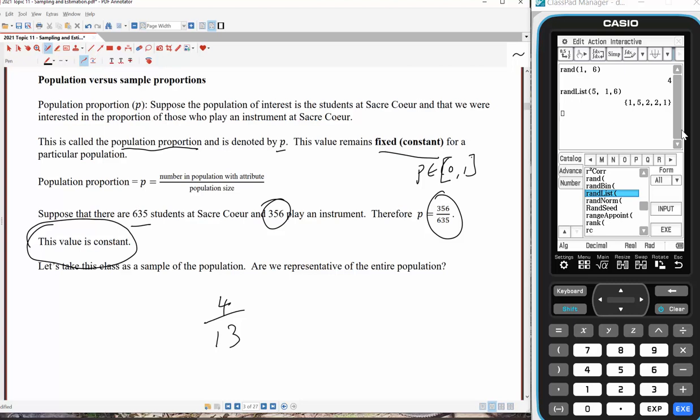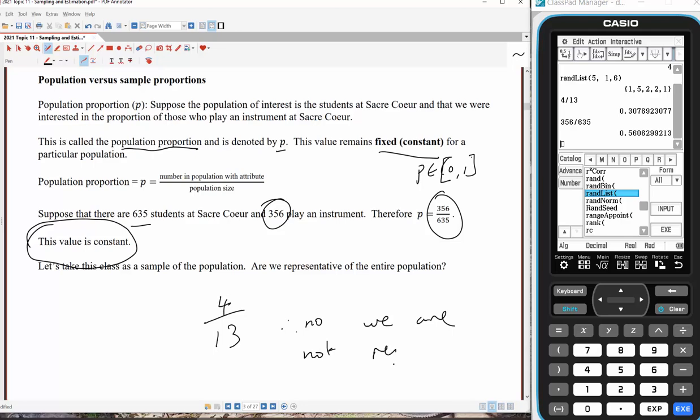Let's compare on our calculator. 4 out of 13 is about 0.31, and 356 out of 635 is 0.56. So we're going to conclude, no, we are not representative in this case.